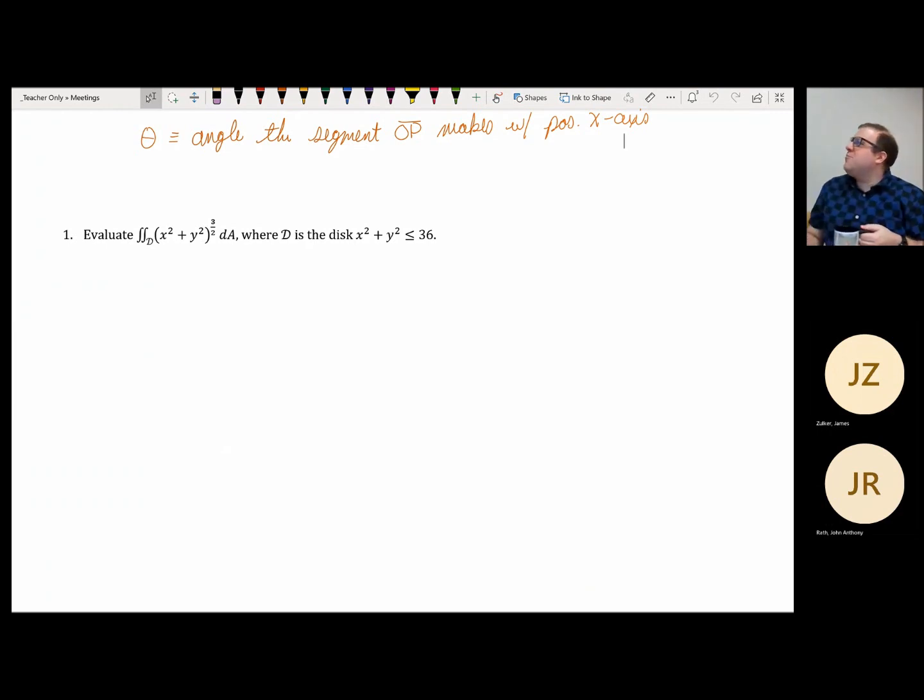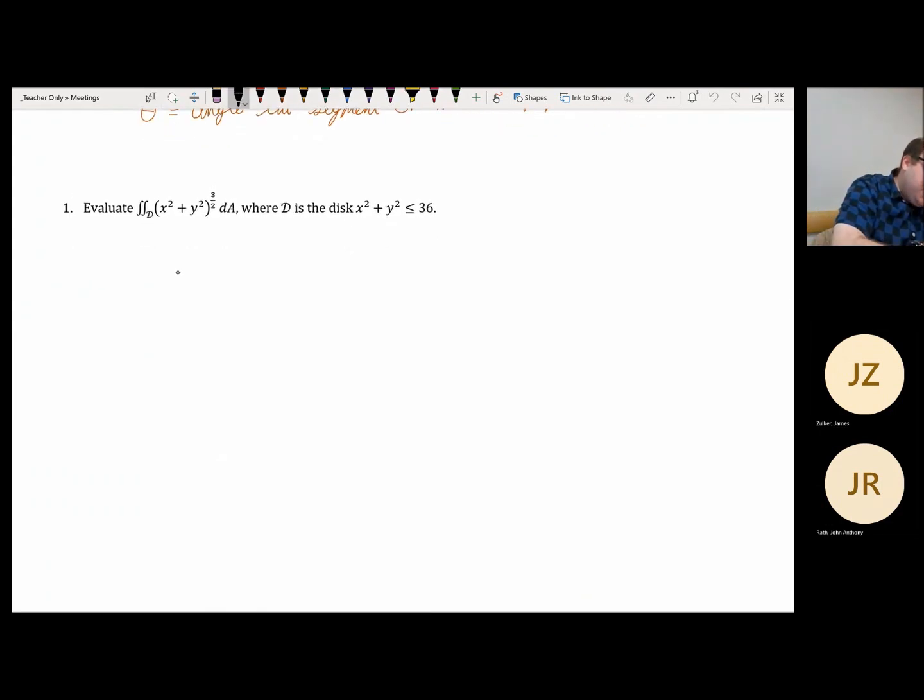But using a Jacobian here wouldn't make sense because x squared plus y squared less than or equal to 36 is a polar region. Right, this would be way easier in polar. So what we want to do is describe the region in polar coordinates. So it's a set of ordered pair r theta.